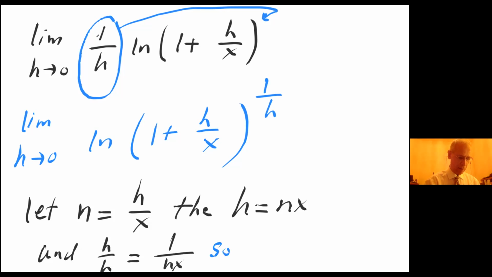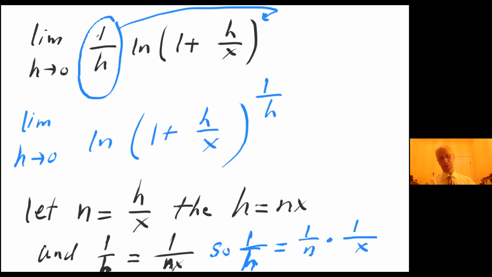So 1 over h. I apologize, there was a 1 in here. My handwriting, this is h, this one is n. So 1 over h in blue, I'd better be careful with my handwriting, 1 over h equals 1 over n times 1 over x. I should have chosen different alphabets, but that's okay.